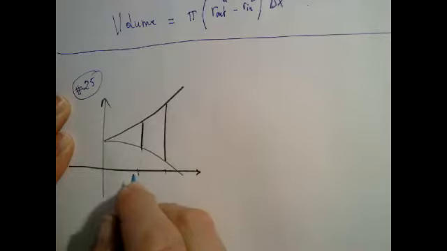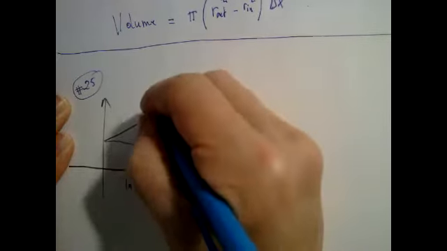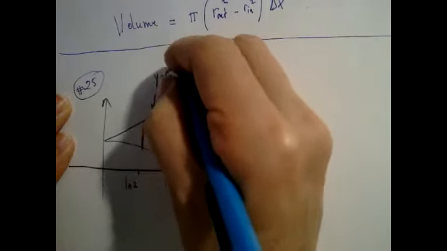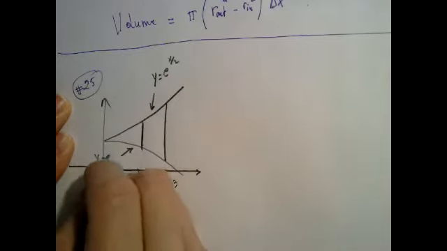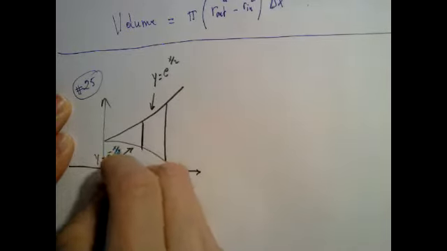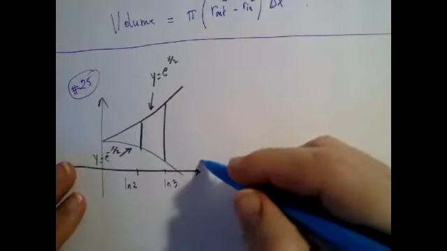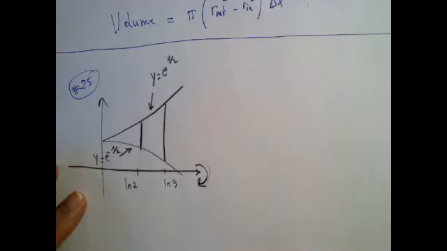This is ln of 2. This is ln of 3. This curve is y equals e to the x over 2, and this is y equals e to the minus x over 2, okay? This is the region that we want to rotate around the x-axis. So that's my axis of rotation, the x-axis.